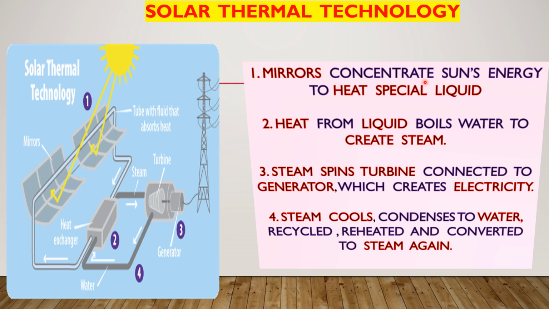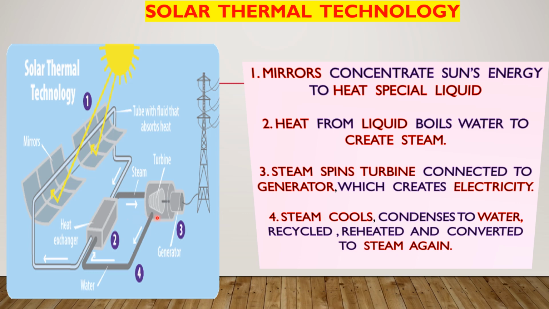So mirrors concentrate the sun's energy to heat the special liquid that is present through this rod. Heat from the liquid boils water to create steam, and this steam then turns the turbine, and the turbine produces electricity.